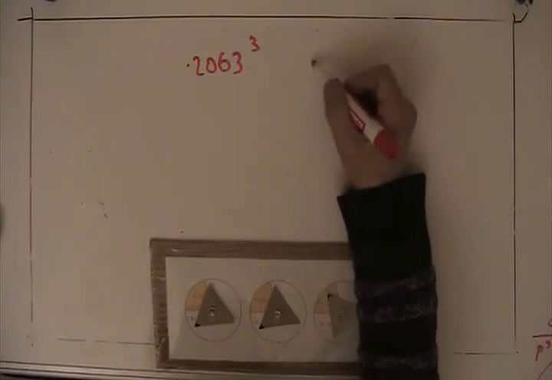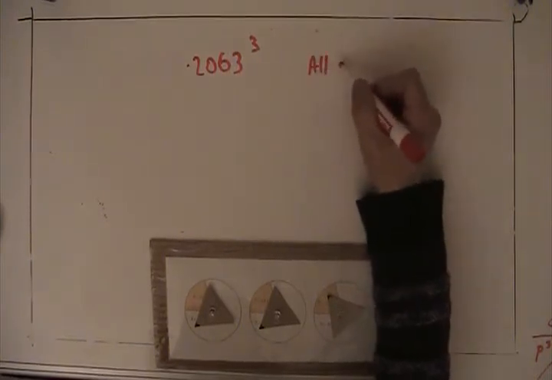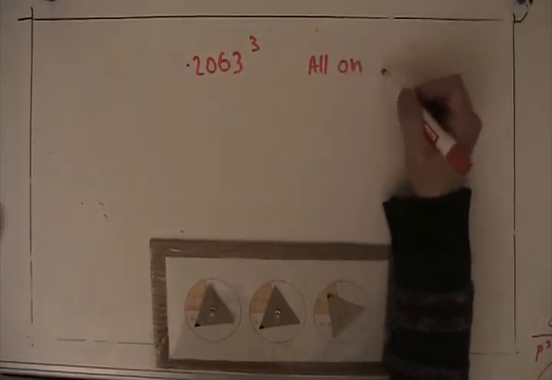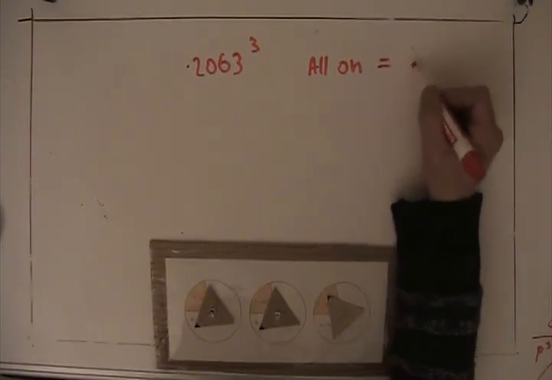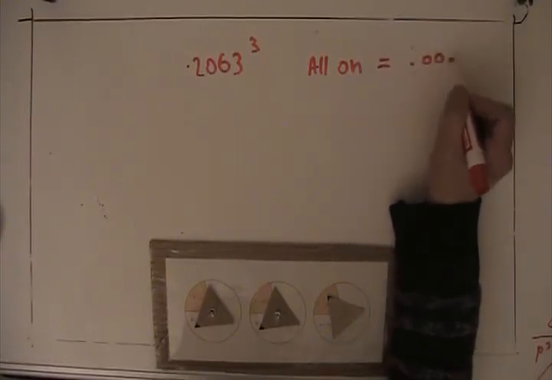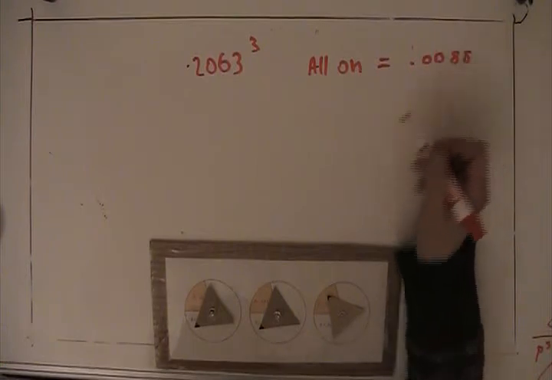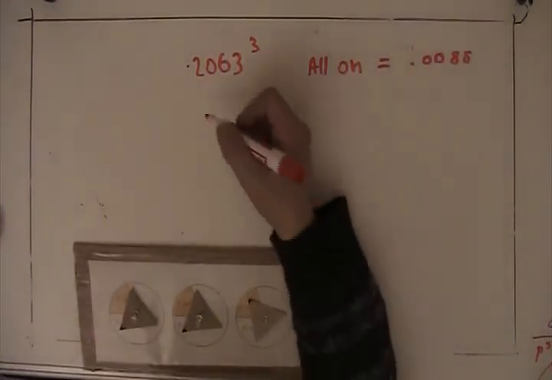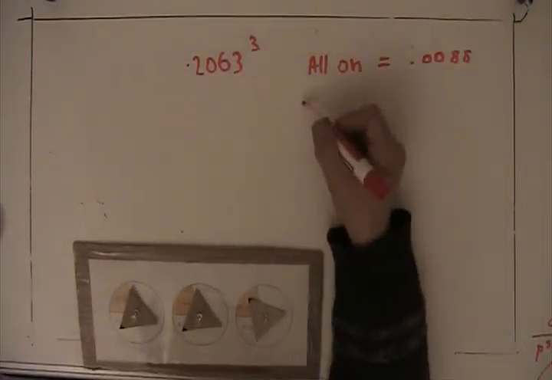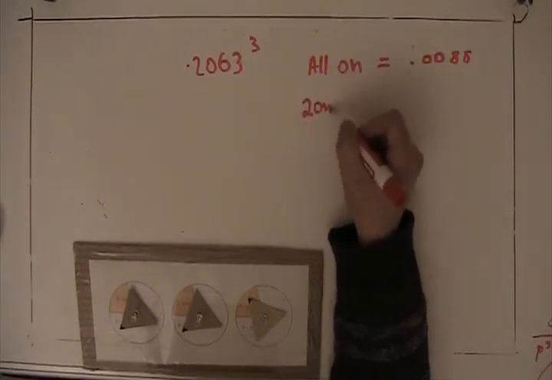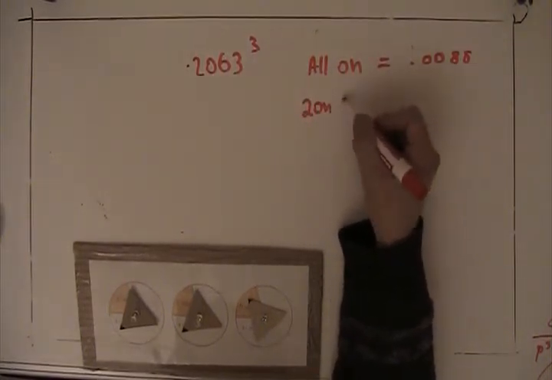That's all on. And numerically that's very close to 0.0088. Okay, the next one, 2 on, 1 off.